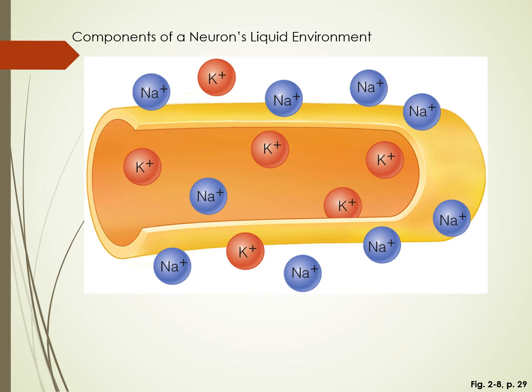If we think about that electrostatic pressure, if we take two magnets and they're both positively charged, they'll repel each other. But if one's positive and one's negative, they get pulled together. So basically we're pulling those into the cell because it's negatively charged in there. They're positively charged ions, and so they want to go in.